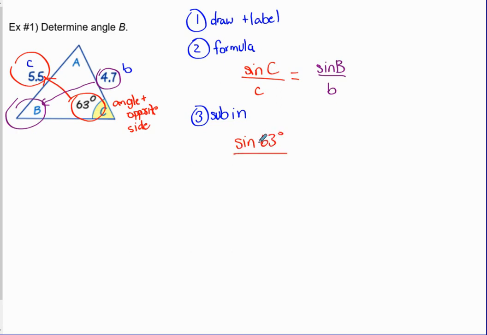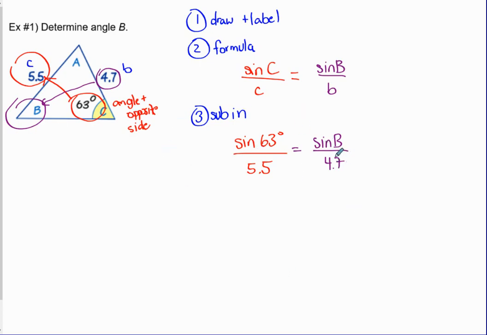Make sure your angles always go inside with your sines. So sine of 63 degrees over my opposite side, which is 5.5, equals sine of B. That's what I'm looking for, angle B, so it just stays as it is, and its opposite side is 4.7.